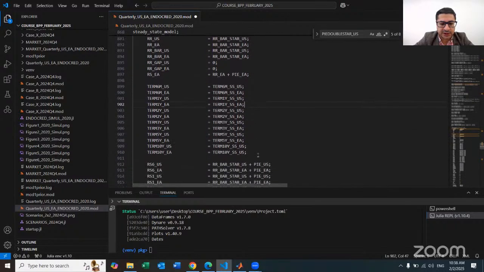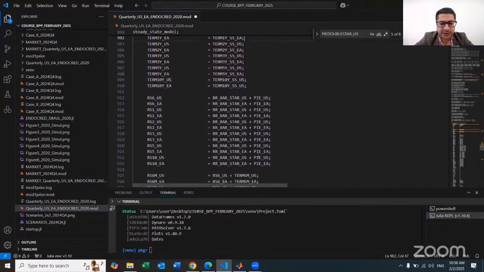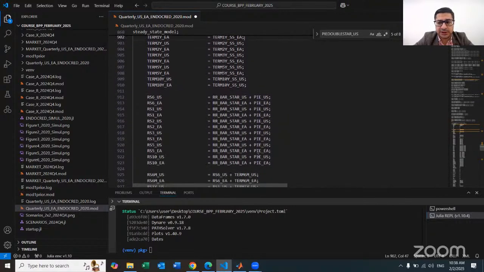Here are term premiums, and as you see, we don't need any derivations, any difficult steps or many steps to come up with the analytical calculation of the steady state.